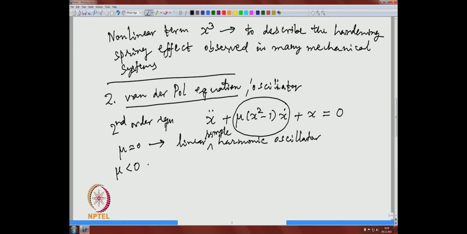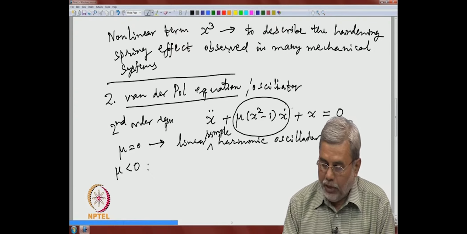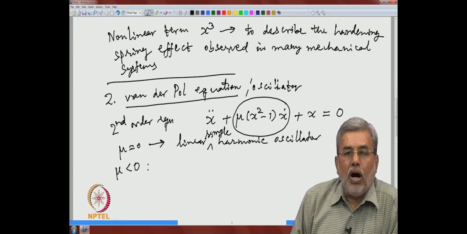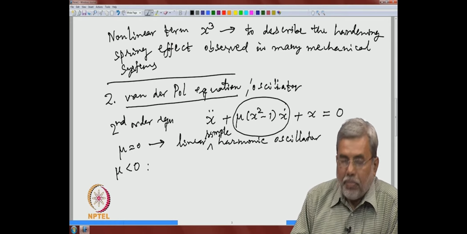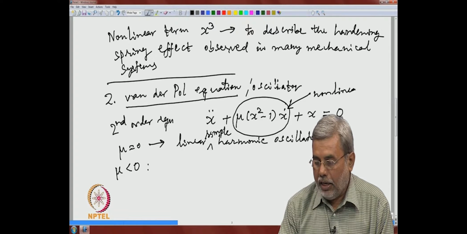When mu is less than 0 and x is small. So, if you compare with the spring mass dashpot system, this is the damping term, but this is non-linear damping.